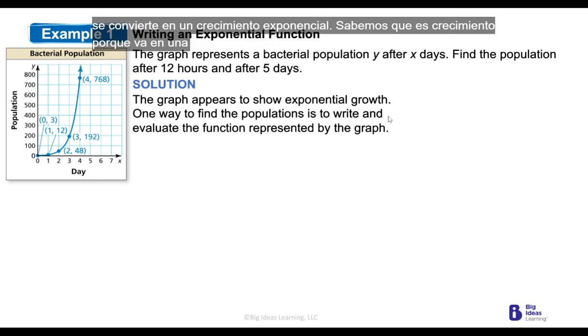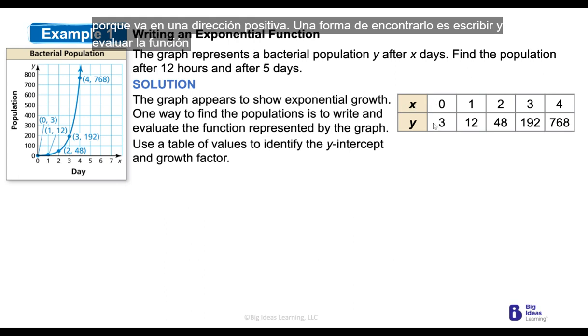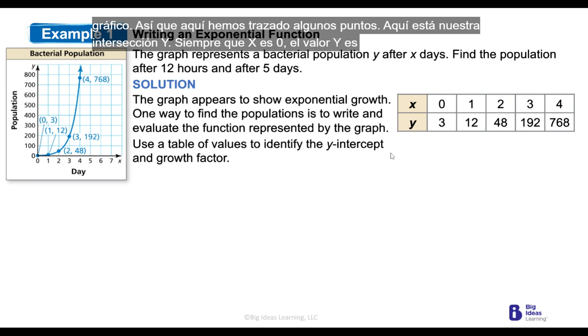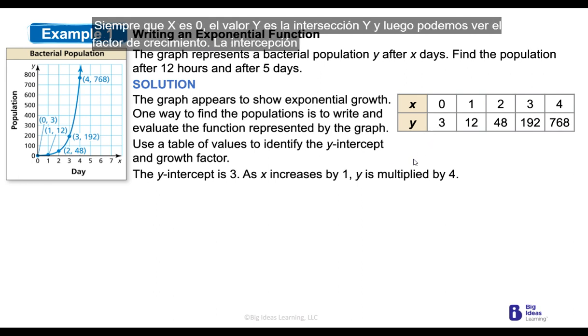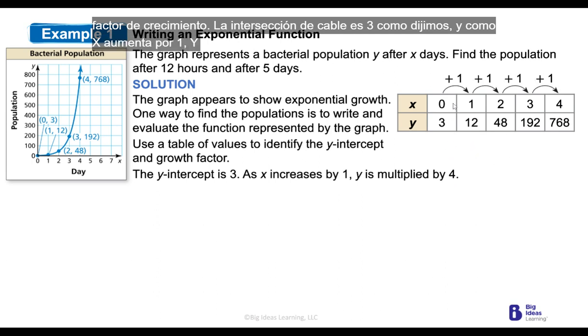One way to find it is to write and evaluate the function that is represented by the graph. So here we have plotted a few points. Here is our y-intercept. Whenever x is 0, the y value there is the y-intercept. And then we can look at the growth factor. The y-intercept is 3, as we said, and as x increases by 1, y is multiplied by 4.